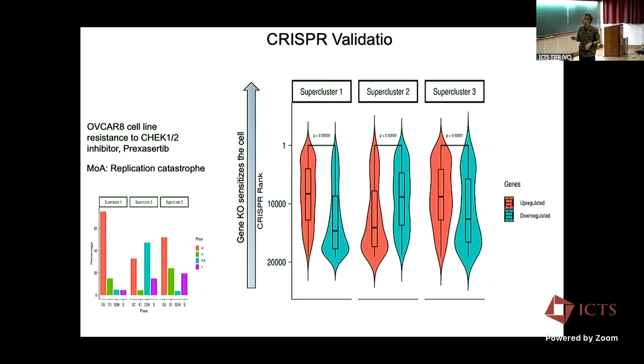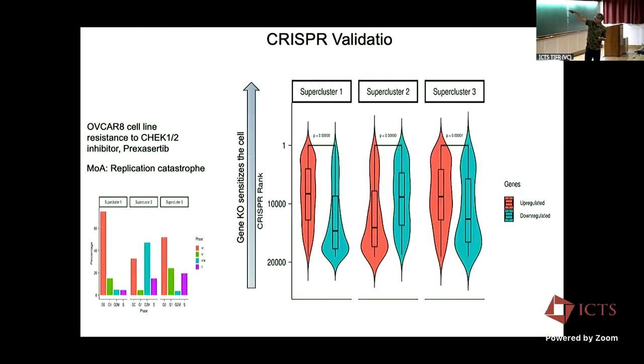Okay, good. So on this axis, the higher the number, it means that knockout of that gene sensitizes the cell to the drug, makes it less resistant. So we took our upregulated genes in supercluster 1, 2, and 3 and downregulated ones and looked at their CRISPR knockout score. You can see a similarity between cluster 1 and supercluster 3.